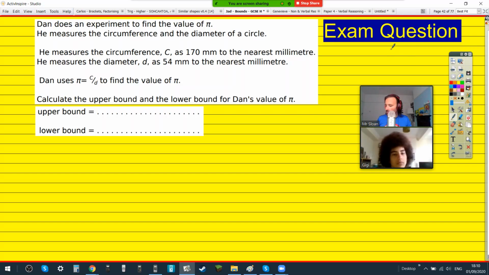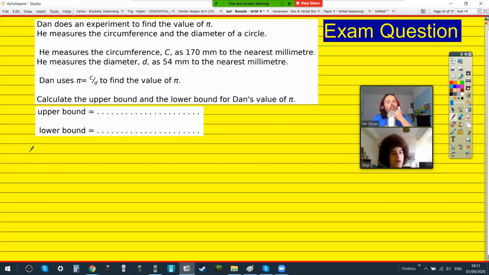Okay, how about this one? You measure the circumference as 170 millimeters, to the nearest millimeter. He measures the diameter as 54 to the nearest millimeter. Pi equals circumference divided by diameter.